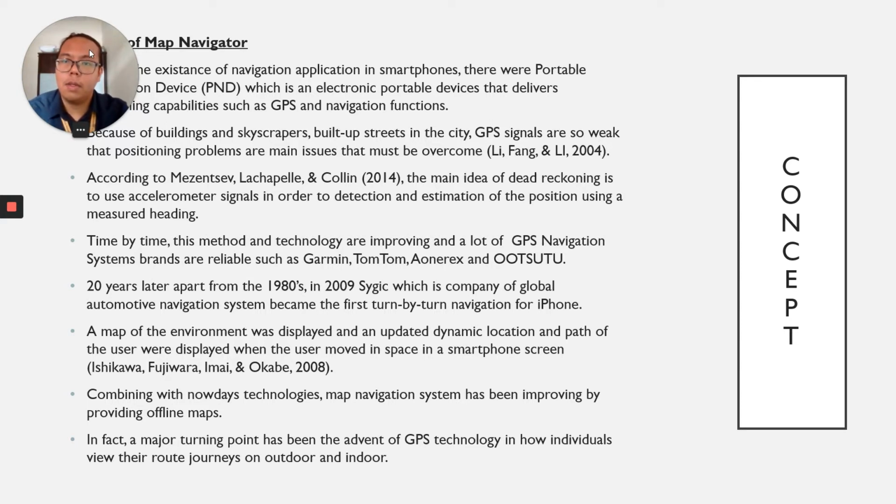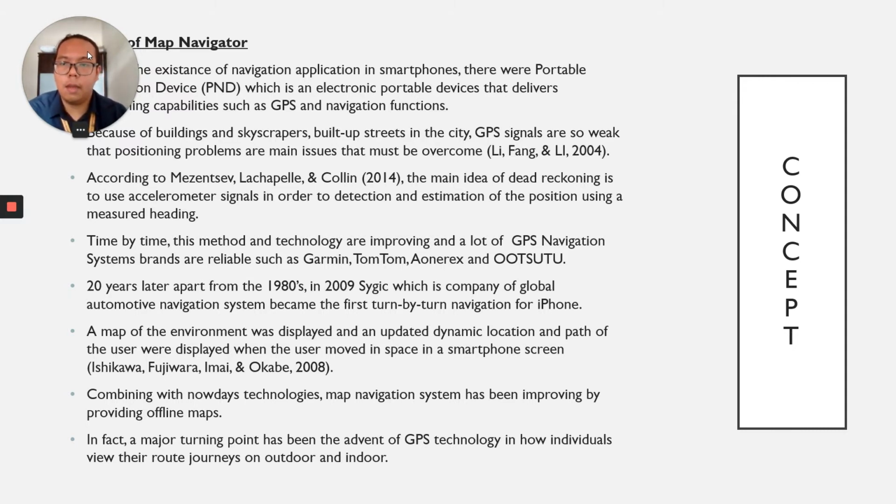And then, according to Mazensev, LeChapelle, and Colin, the main idea of dead reckoning is to use accelerometer signals in order to detect and estimate the position using a magnetic heading. So dead reckoning is a method used to find the navigation from one place to another.